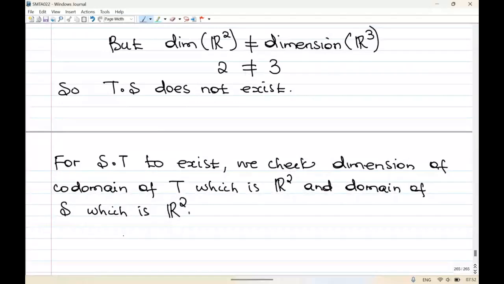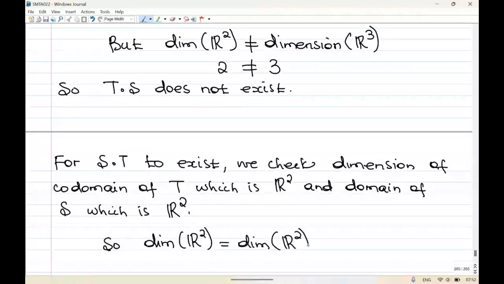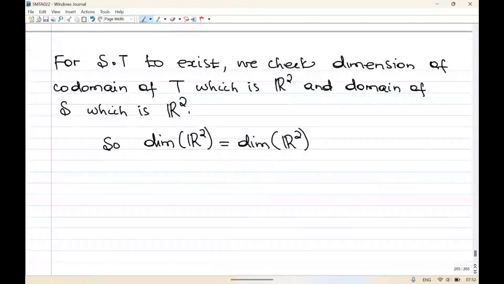So we agree that the dimension from T is this, and the dimension from S is this. So 2 is equal to 2, and our product of S and T exists.